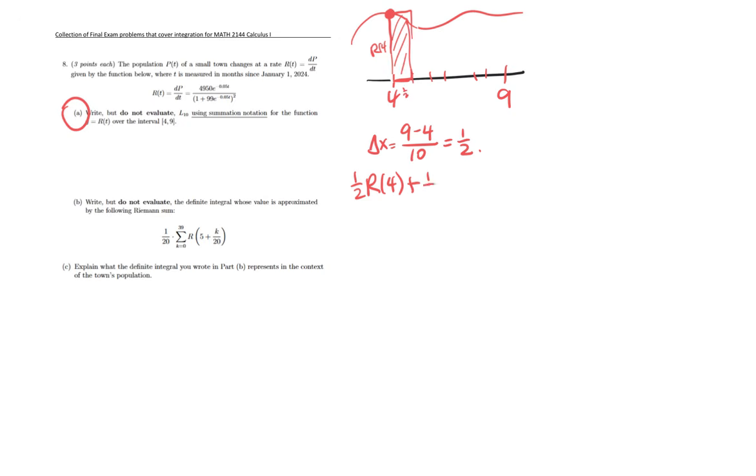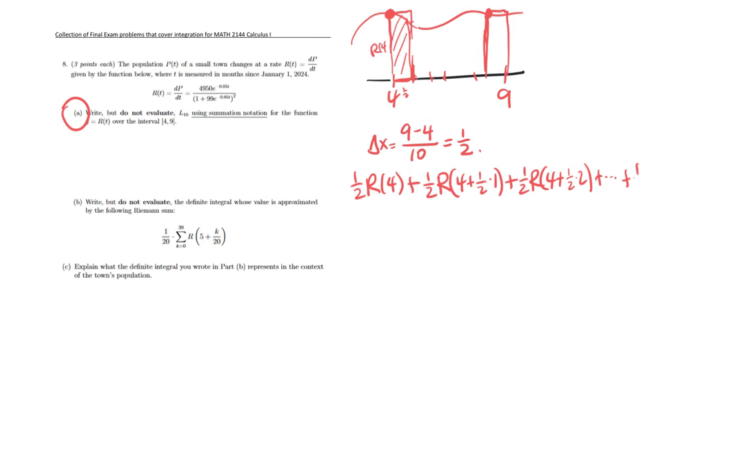The next one is going to be 1/2 times r of 4.5. So I can write that as 4 plus 1/2 times 1. The next one's going to be 1/2 r of 4 plus, I'm going to scooch over by 1/2 2 times. So 1/2 times 2, and I'm going to keep going. For the very last one, I'm going to use the left-hand side to determine the height.